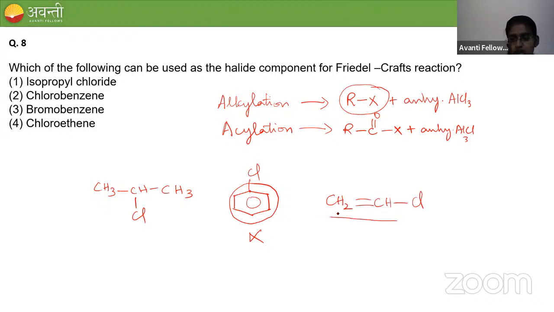Again, this is not the alkyl part. Okay. We should have the alkyl part R group. This is the R group, and this is the alkyl part, and isopropyl chloride is the alkyl halide component for Friedel-Crafts reaction. So option 1 is the correct answer for this question. Got it?